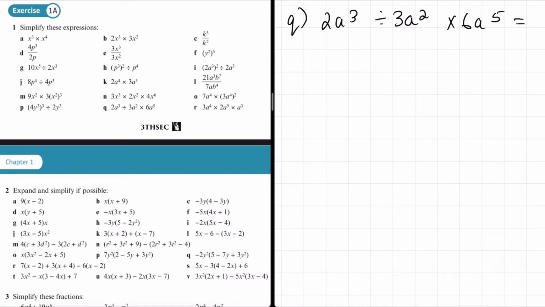So that leaves us with 2 divided by 3, and then a cubed over a squared, 2 over 3a, times 6a to the power of 5. 6 times 2 over 3, well, you divide by the denominator and times by the numerator, so 6 divided by 3 is 2, 2 times 2 is 4, and then we've got a times a to the power of 5, which is 1 plus 5, which is 6, a to the power of 6.